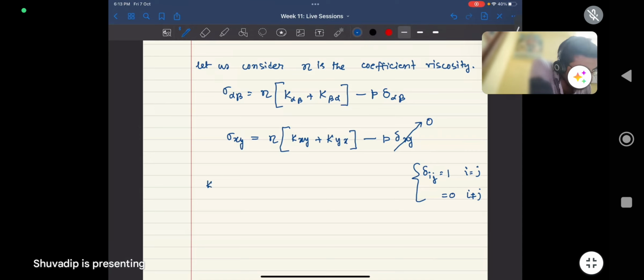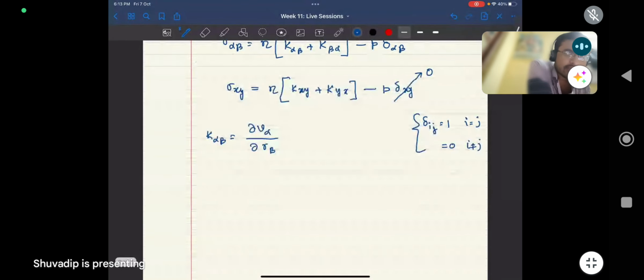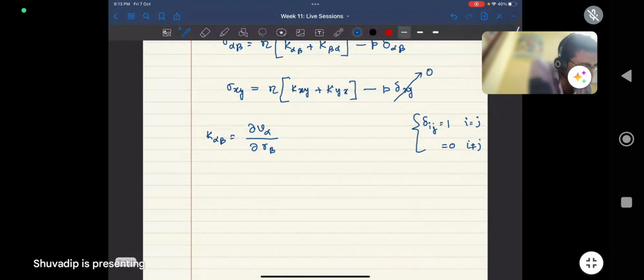Kappa alpha beta is given by del v alpha del r beta. So in our case, we need kappa xy, which is del vx del ry, and kappa yx, which is del vy del rx.